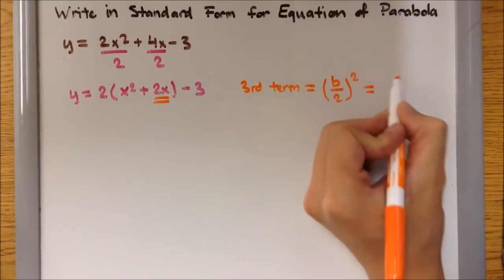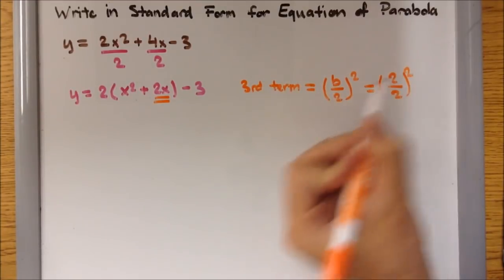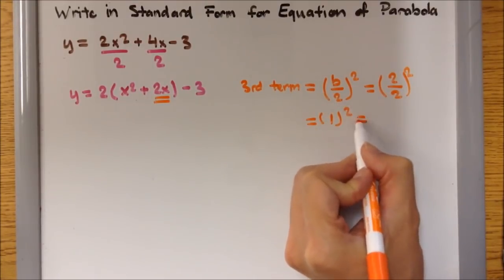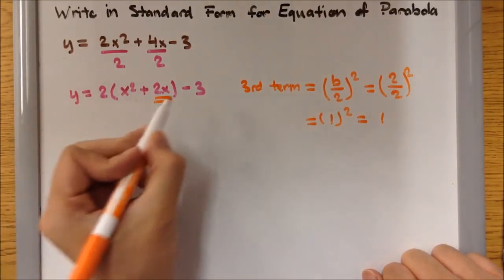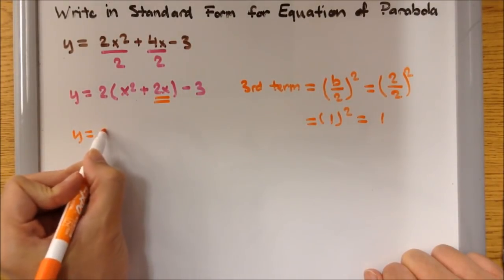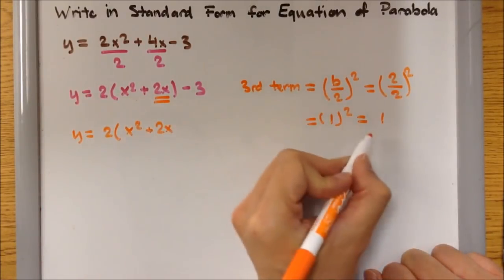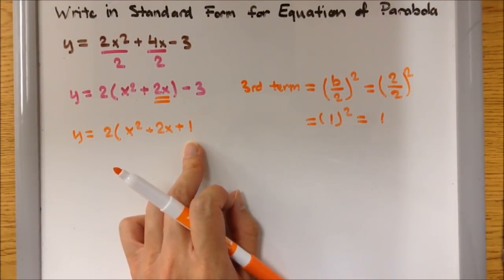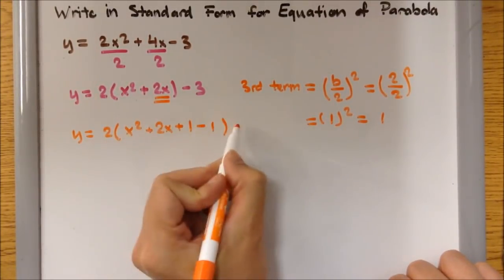So basically 2, that's our b value, divided by 2, squared. 2 divided by 2 is 1, and 1 squared is simply 1. So now we're going to add in 1. So it's going to be y equals 2 parenthesis x squared plus 2x plus 1. Now, since I added 1 inside the parenthesis, I'm going to have to add in a negative 1, and then the minus 3 is going to be on the outside.